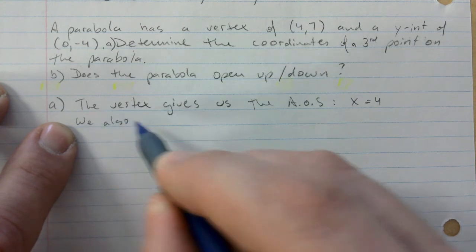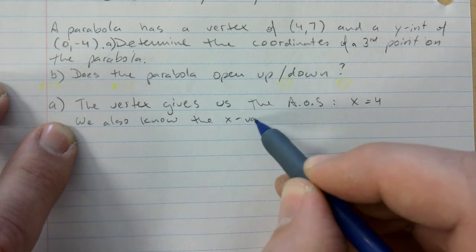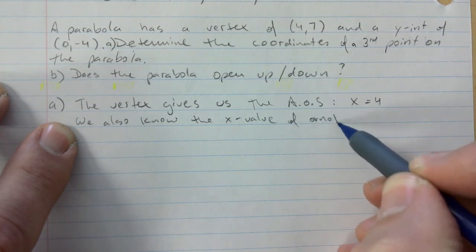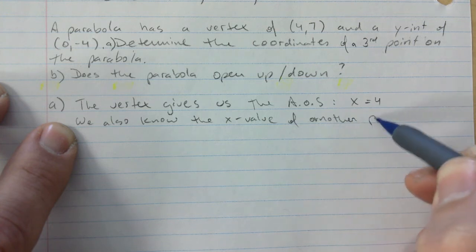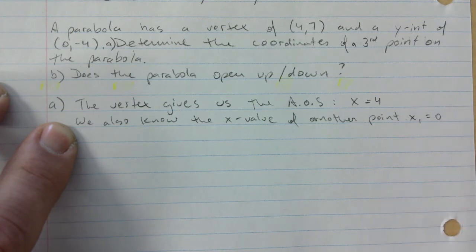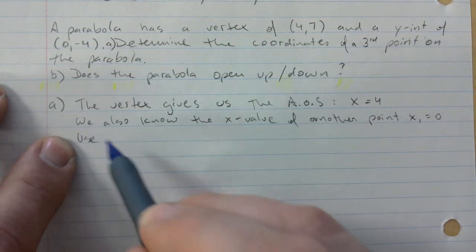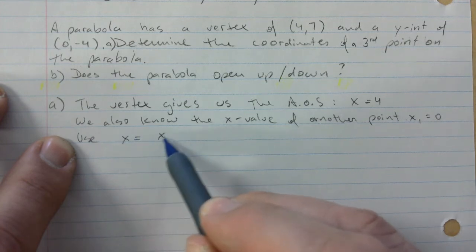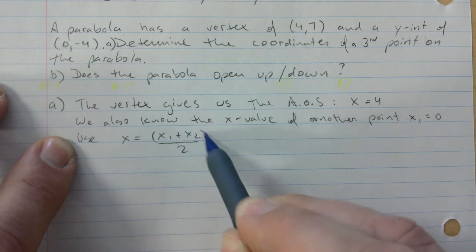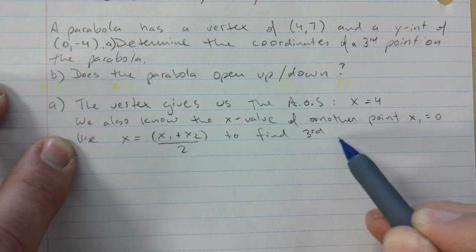We also know the x value of another point, I'm going to call that x1, is equal to 0. Use x is equal to x1 plus x2 divided by 2, right, to find the third point.